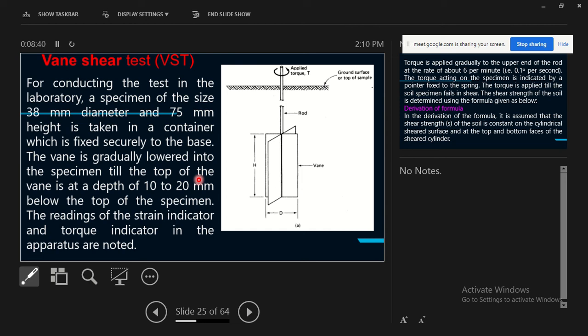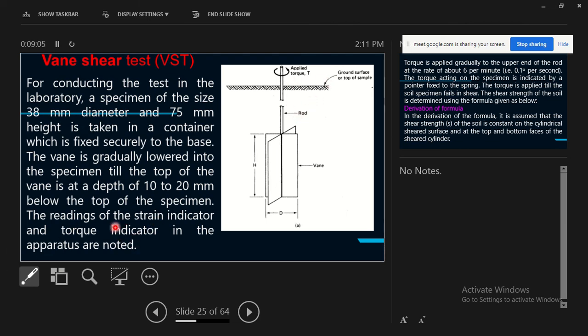The vane is gradually lowered into the specimen till the top of the vane is at a depth. You can see this is the surface, and the entire vane shear has to be completely submerged into the soil, so that the top of the vane is 10 to 20 millimeter below the top of the specimen.